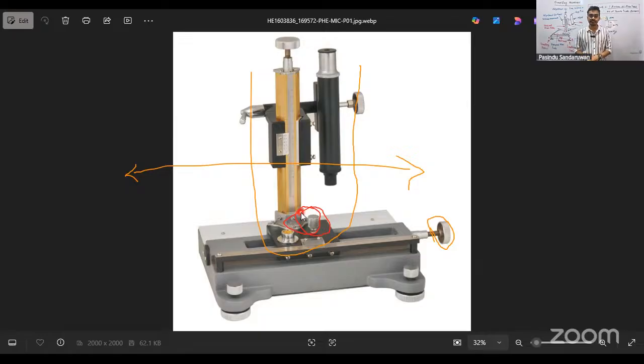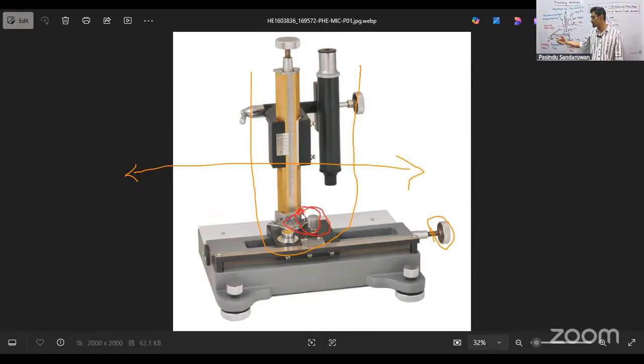If I compare it with the vernier caliper, that is divided into only 10 divisions. So to see it properly, in some traveling microscopes, a hand lens is built in.